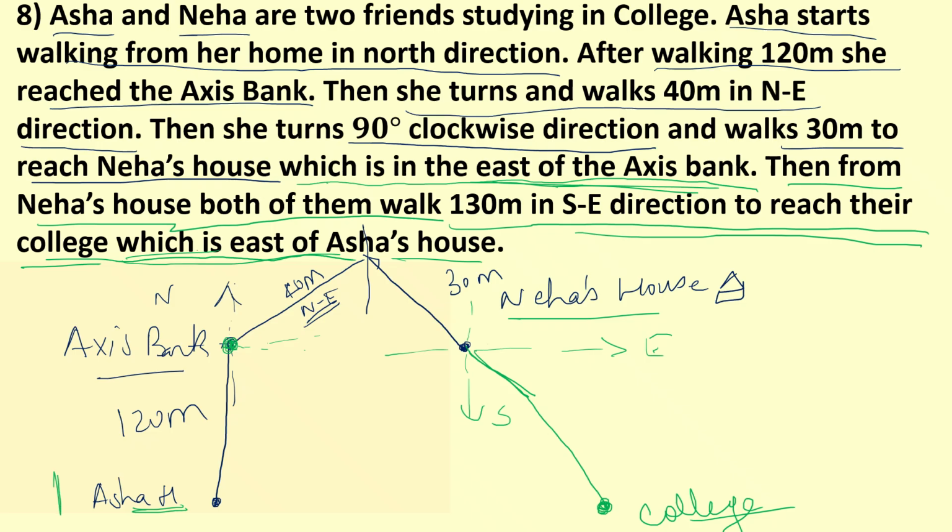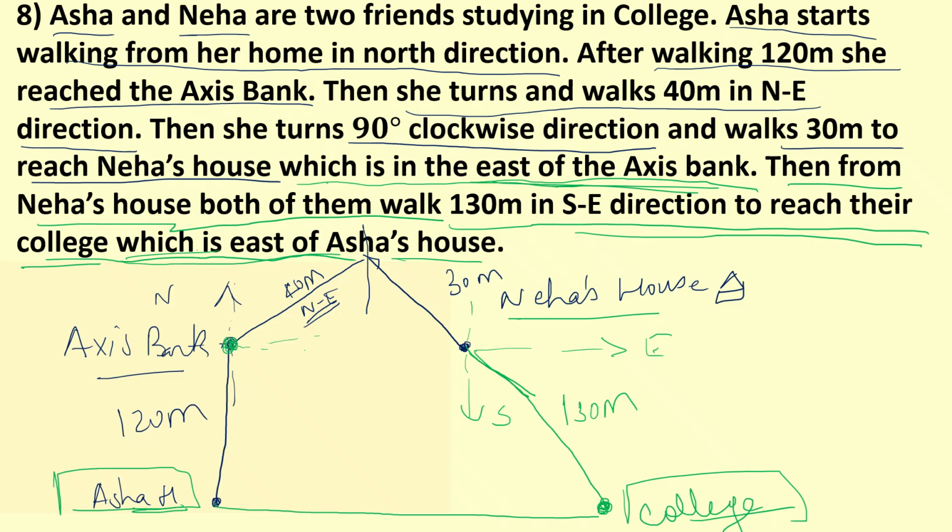So Asha's house is here, college is here. So college should be exactly to the east of Asha's house. So this is east of Asha's house, correct? And this is 130 meter they have said, correct? So this is the diagram that you will get, okay?